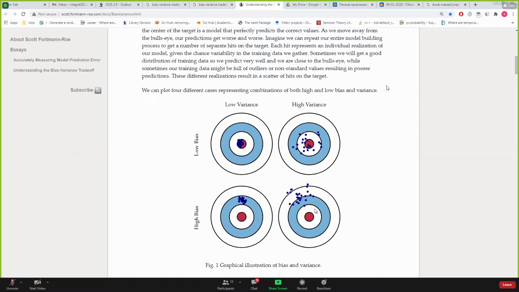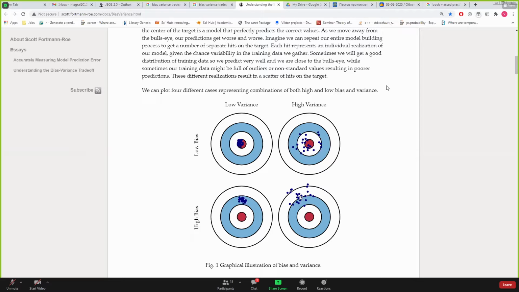And then this case, which is probably the worst case scenario, when you have high bias and high variance. Your estimates are scattered, which means that they have high variance, but they're also off on average.